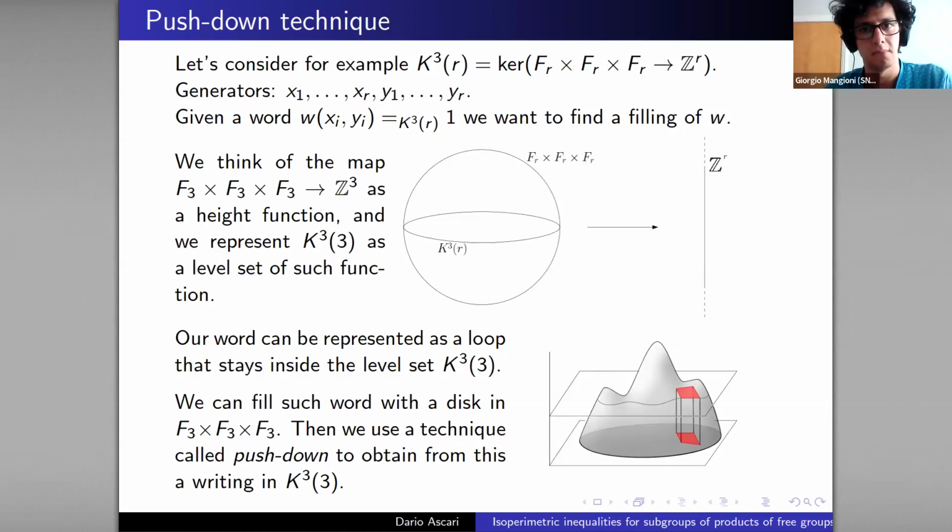And does it get easier once you have more factors? Well, yes. On one hand, it gets easier because having more factors gives you more space to move and helps you while doing the filling. On the other hand, you are not dealing with all finitely presented subgroups, but only with the ones with a certain finiteness property.